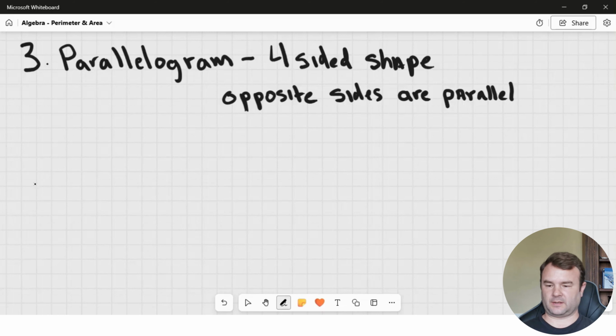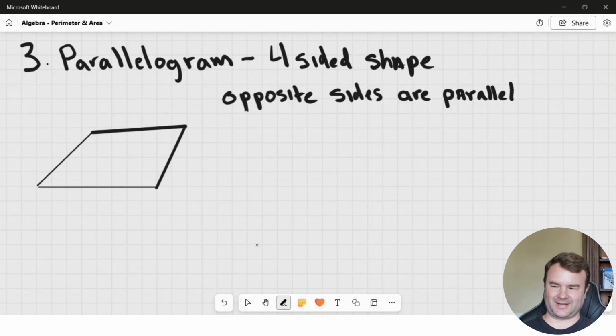So let's go ahead and draw out our parallelogram. It's almost looking good, but I think you guys can get the idea here. So we'll use A and B to define the sides.